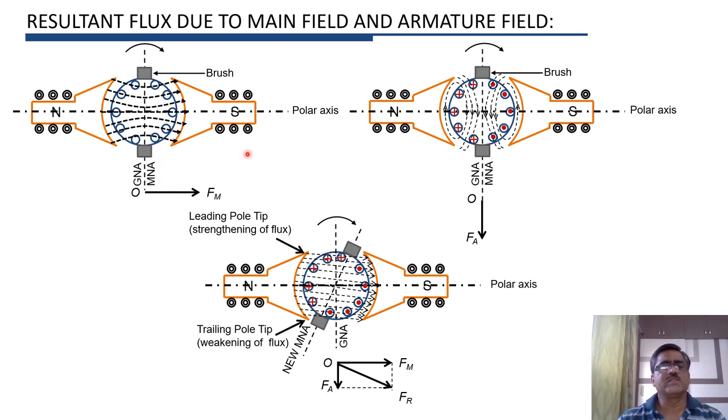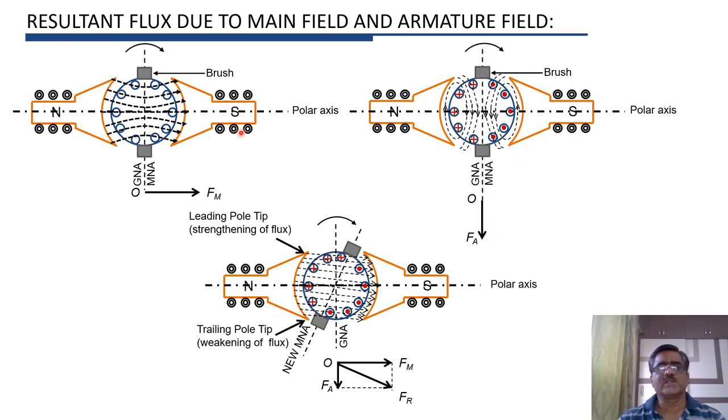So now we have seen that if there is no current in armature, this is the flux distribution of main flux, and it is symmetrical about the polar axis. If there is no current in the field winding and there is only current in the armature, this is the flux distribution because of armature current, and this main flux can be represented by OFM and armature flux can be represented by OFA.